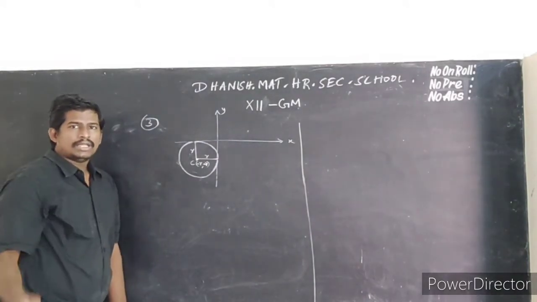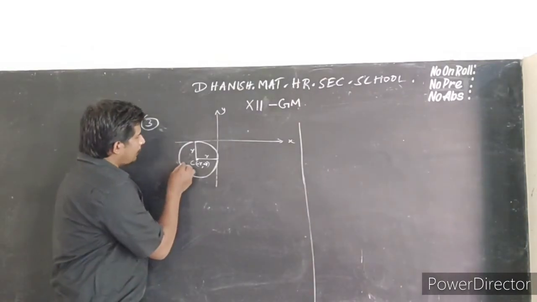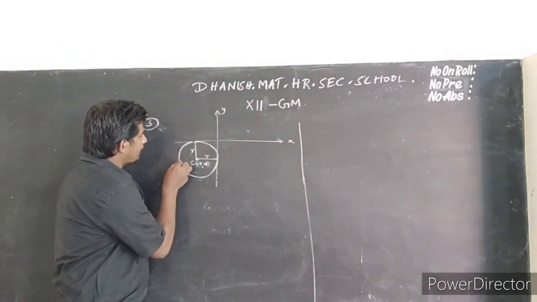Here our circle should pass through -4, -2, so I am going to take -4, -2 over here.